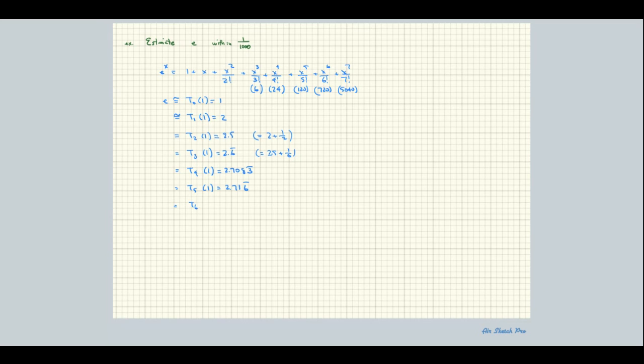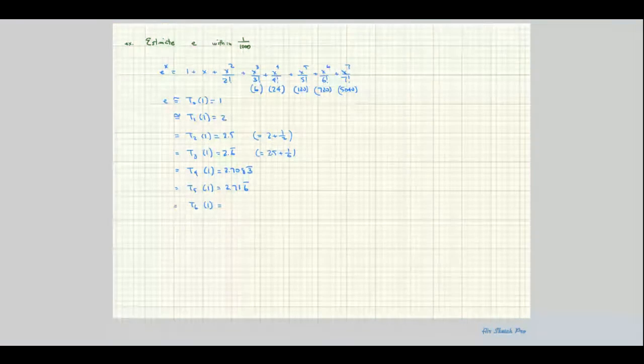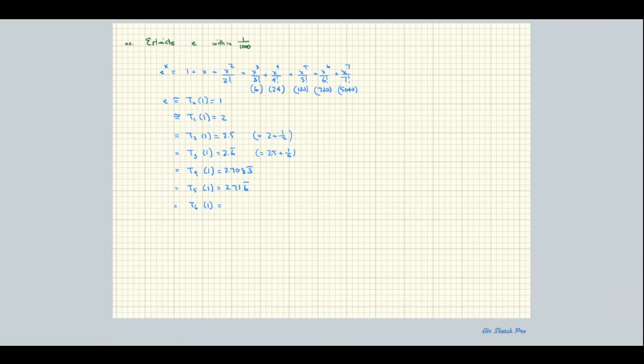T6 of 1, I'm kind of running toward the end of time. For T6 of 1, I need now to add 1 over 720 to this, and that gives me 2.71805s repeating.